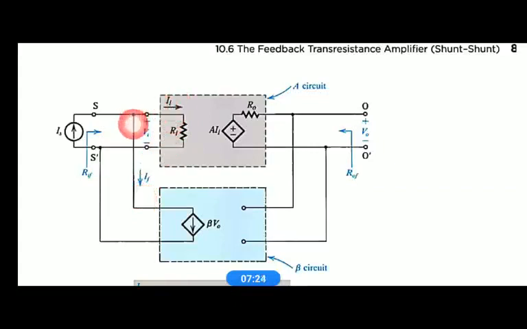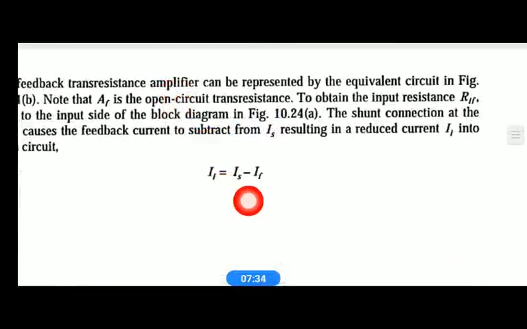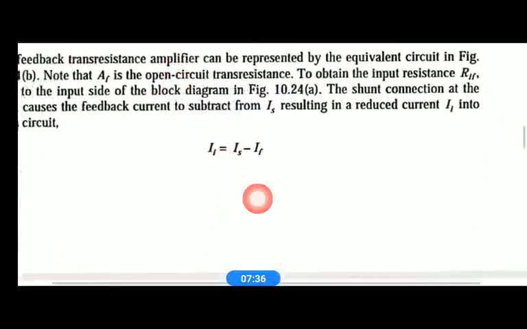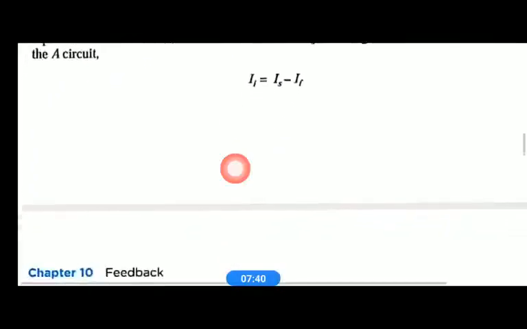So according to Kirchhoff's current law, IS is equal to IF plus II. Therefore we can write II is equal to IS minus IF, or IS is equal to II plus IF.